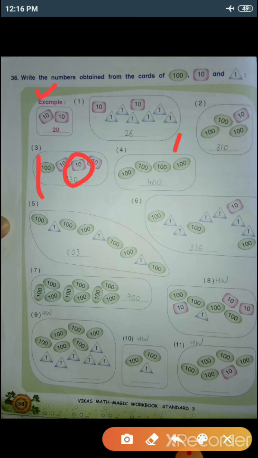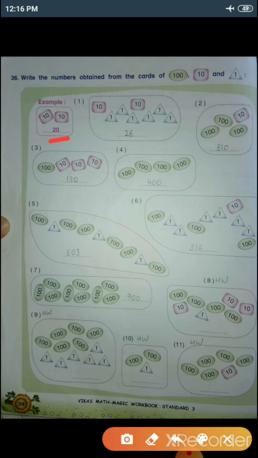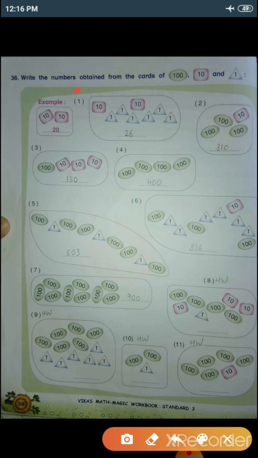10 and 10 are given, so let's add 10 plus 10. Everyone knows that is 20, so we'll write here 20. That means we just need to total these numbers. So let's see number 1. You can see here 10 and 10, so 20.